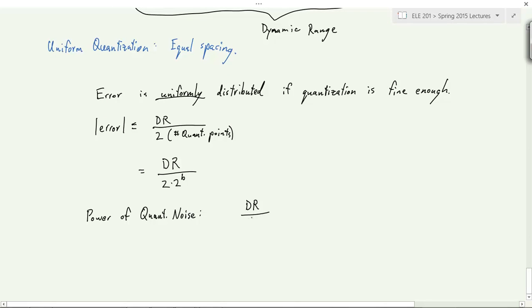It's going to be exactly the following: dynamic range over 2 to the b, squared, over 12. So this is the noise power. Now we can interpret quantization, assuming it's fine enough, as an additive noise. Okay? And that noise is smaller depending on how many bits of quantization we do.